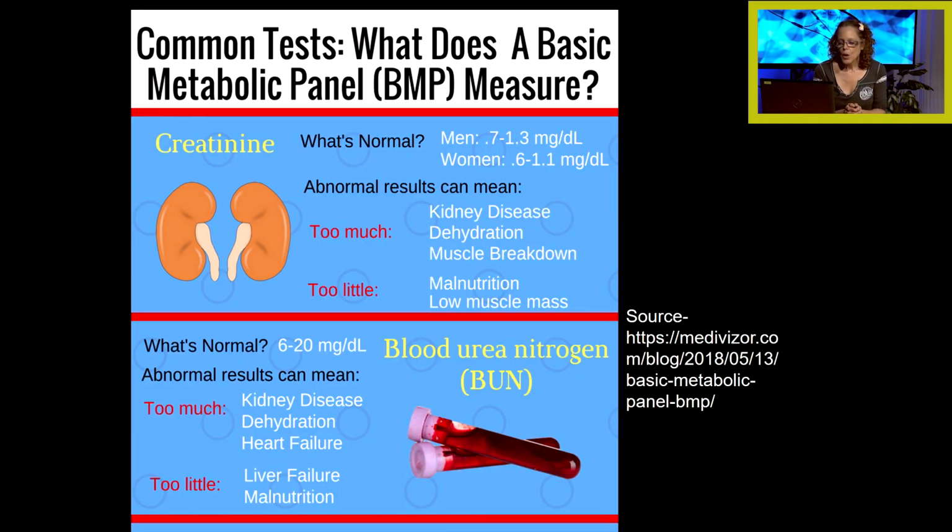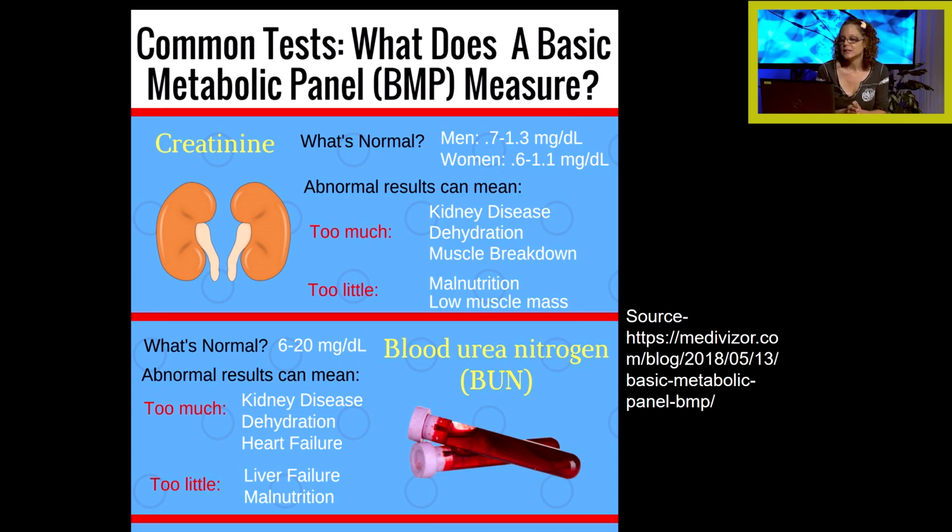So creatinine is something that we use to measure our kidney function. It can tell us a little bit about our hydration status. It can also tell us a little bit about the nutrition status. Patients that are malnourished with low muscle mass will tend to have an increased creatinine level.